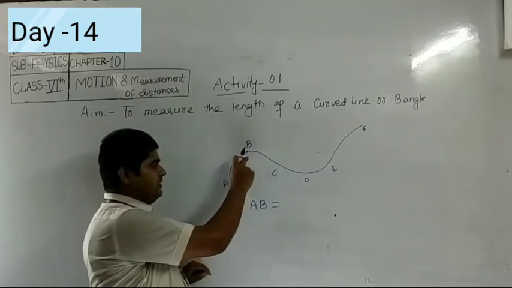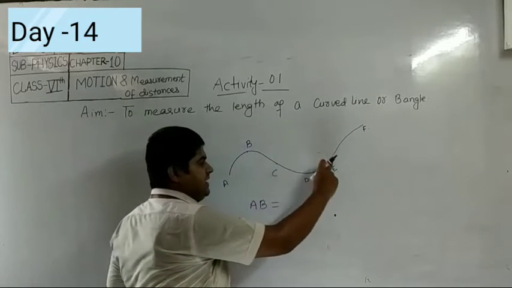First you will find the length of AB, then BC, then CD, then DE, then EF.